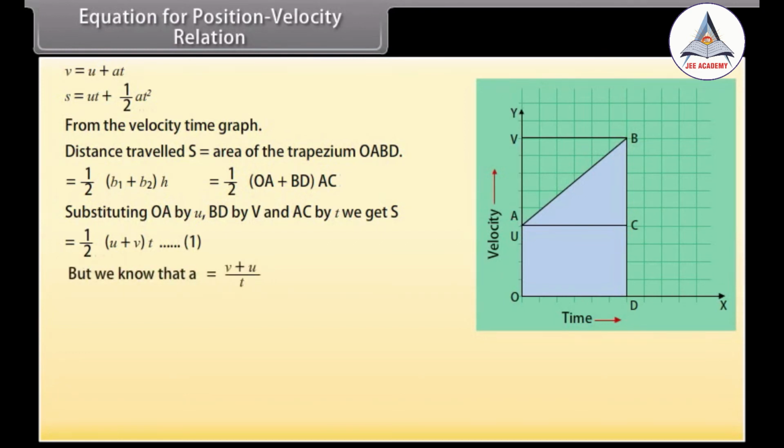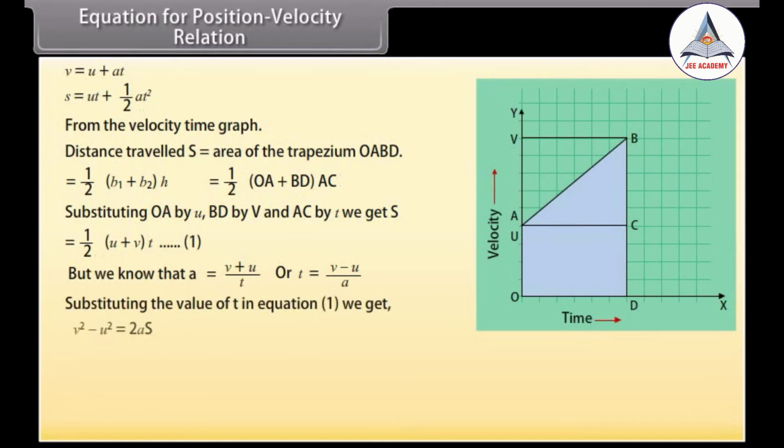But we know that a is equal to (v minus u) upon t, or t is equal to (v minus u) upon a. Substituting the value of t in equation 1, we get 2as is equal to (v plus u) into (v minus u).